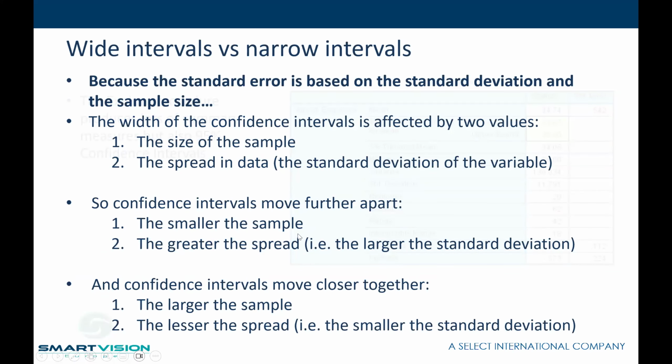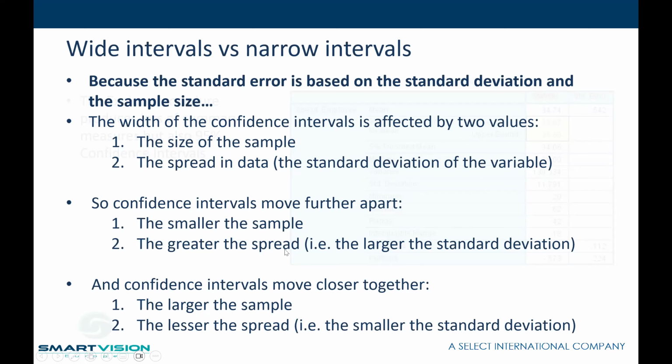Now, because the standard error is based on two values only, the standard deviation and the sample size, the width, the size of the confidence intervals is affected by the size of the sample and the size of the standard deviation. So confidence intervals move further apart when you have small samples, because you're dividing the standard deviation by a smaller number, the square root of a small number, or when you have a really large standard deviation.